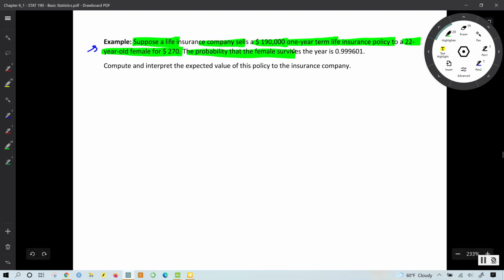The probability that the female survives that year is 0.999601. We are to compute and interpret the expected value of this policy to the insurance company. The emphasis here is that from the standpoint of the insurance company, what would be the mean or the expected value of this policy?